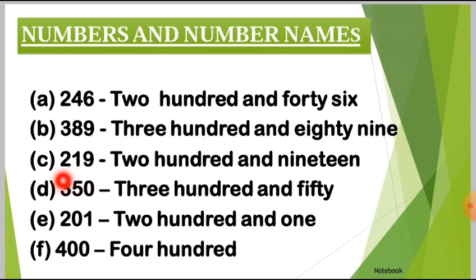How to read? 219. Then 350. How to read? 350. Next is 201. How to read? 201. Then 400. How to read? 400. Okay, children? Everyone do like this.